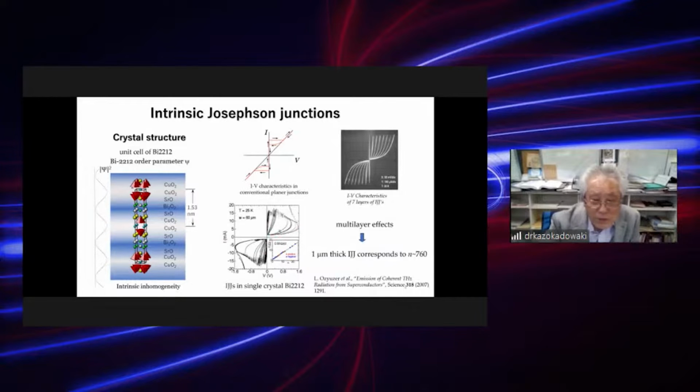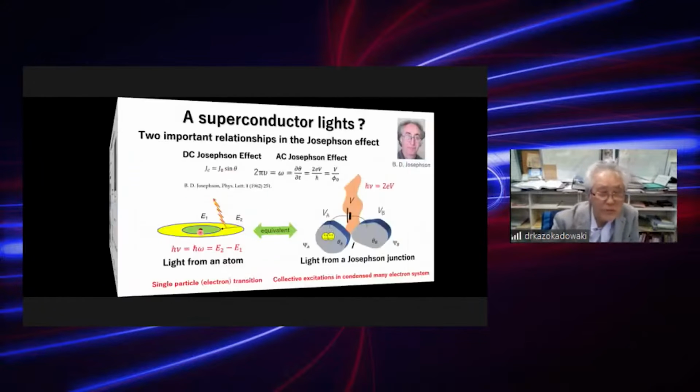However, if we go to higher current, you have such a back bending, we call it back bending, due to the heating effect. This heating effect is nothing but an artificial effect, so we need to remove it in order to get better emission.